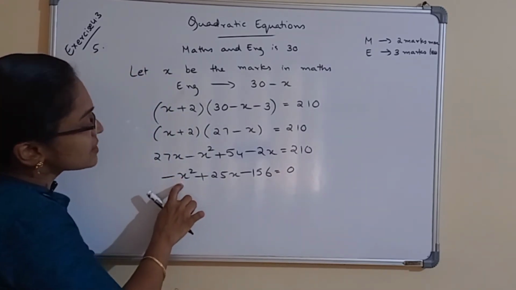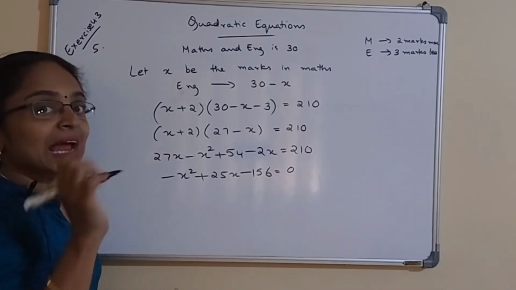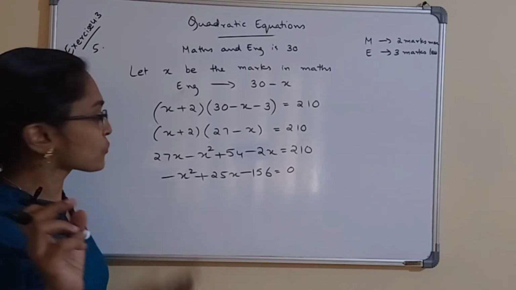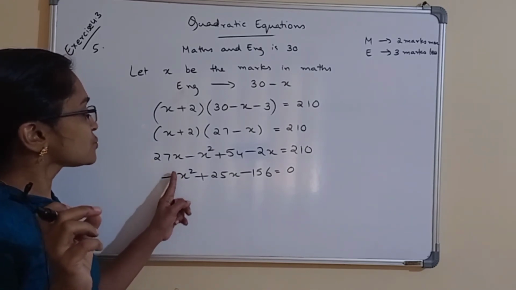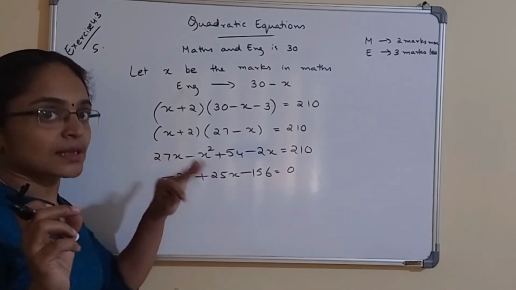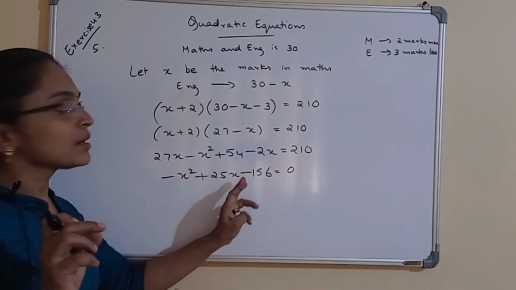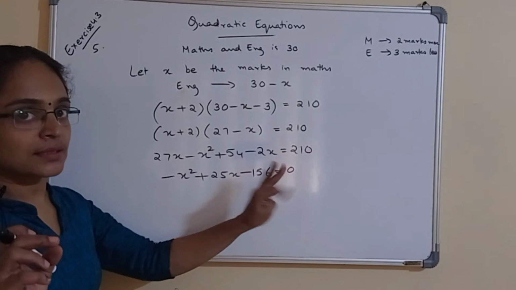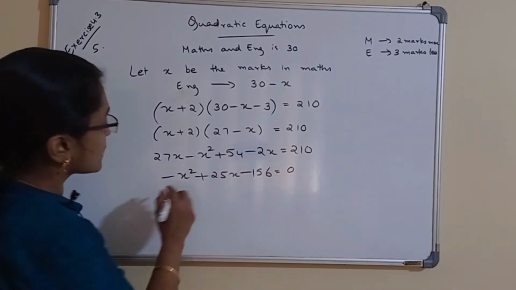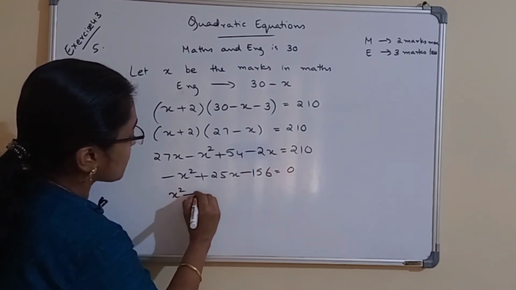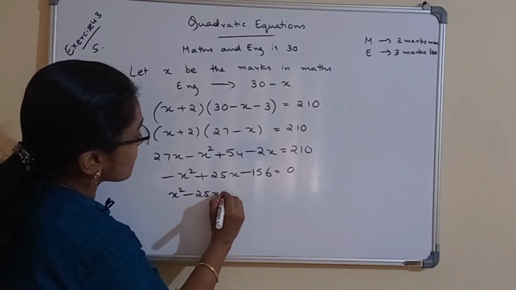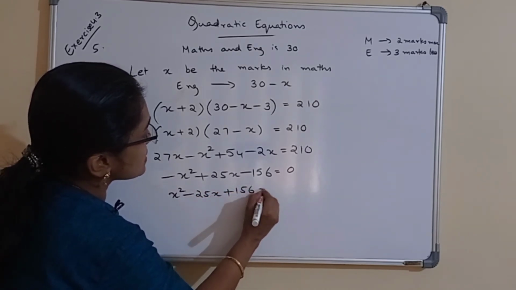Now to make this the standard form, in the general form of a quadratic equation, we should not have a minus in the x square term. So we can multiply LHS and RHS by minus 1. So we will get x square minus 25x plus 156 is equal to 0.